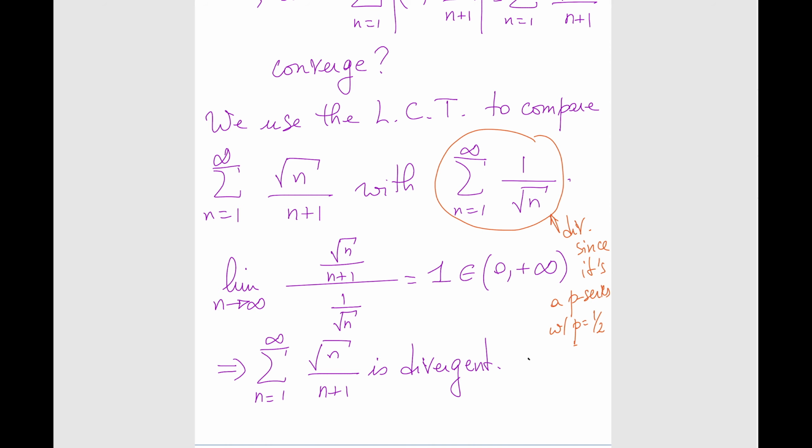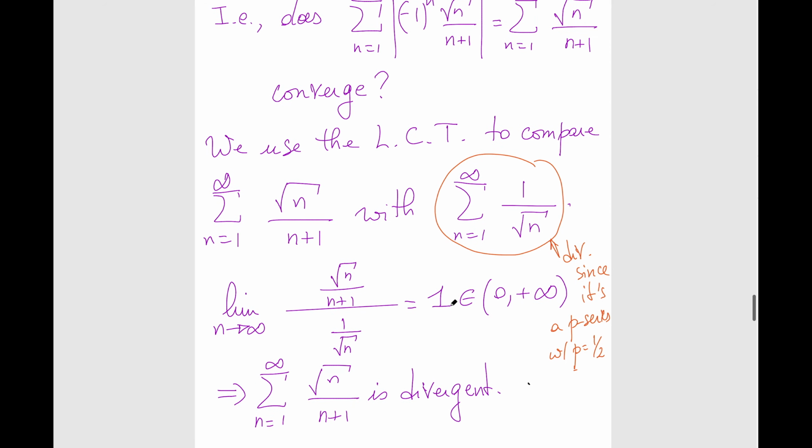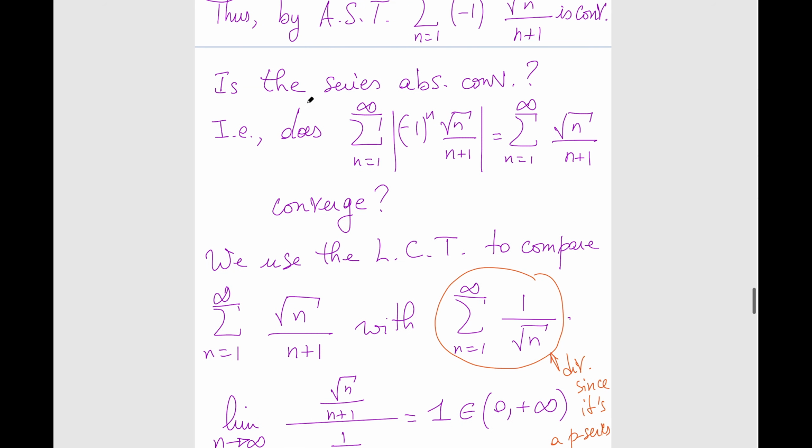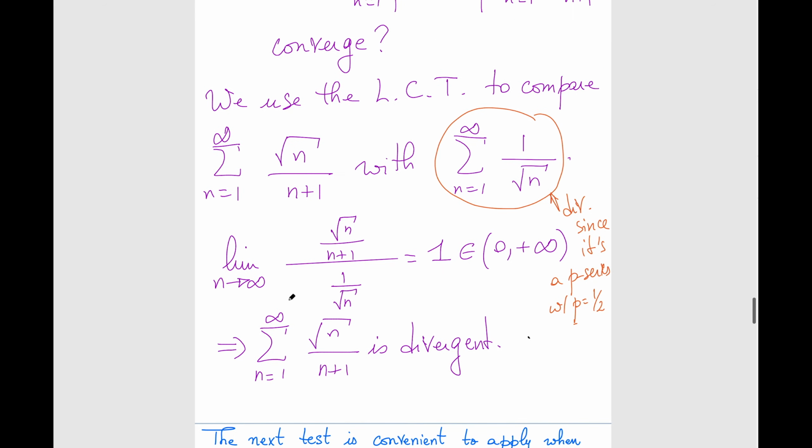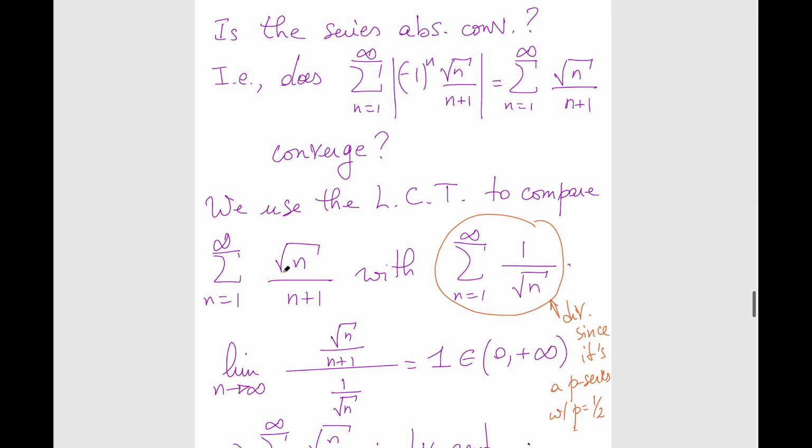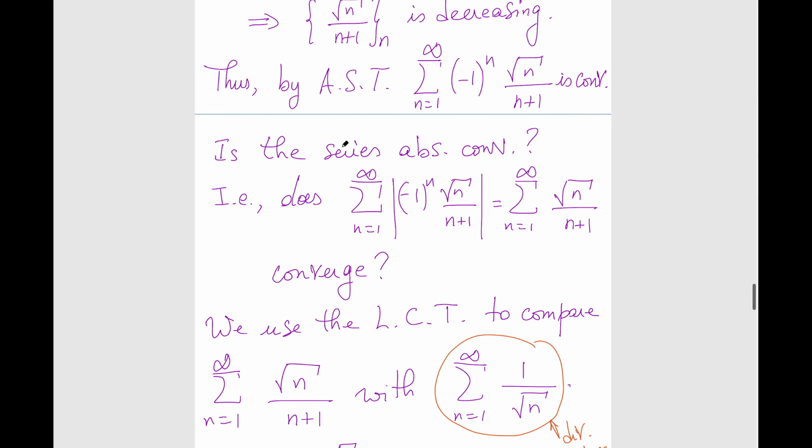Okay, so let's sum up. To answer this question, is the series absolutely convergent? Meaning with the absolute values, does it converge? We checked, it doesn't, because with the absolute value, it turns out to be this one, which is of the same nature as the p series with p equals half, which diverges. So with the absolute value, the series is going to be divergent. As such, without the absolute value, it converges.